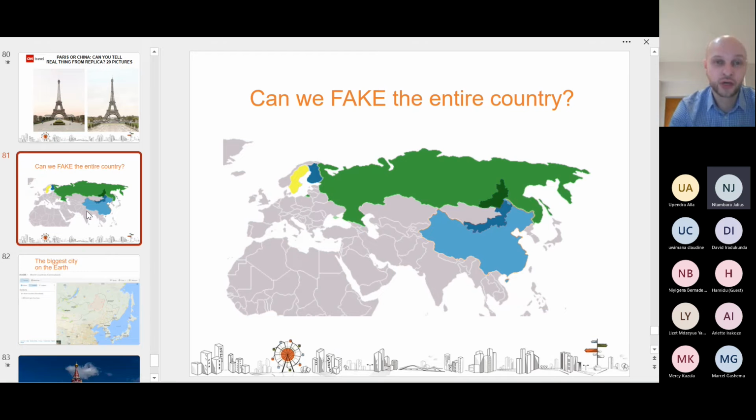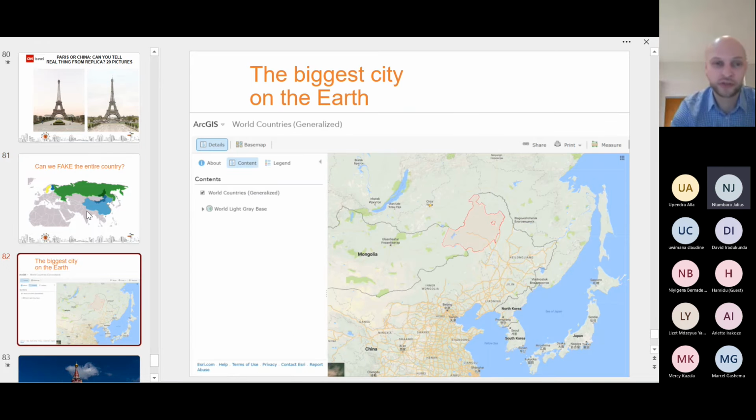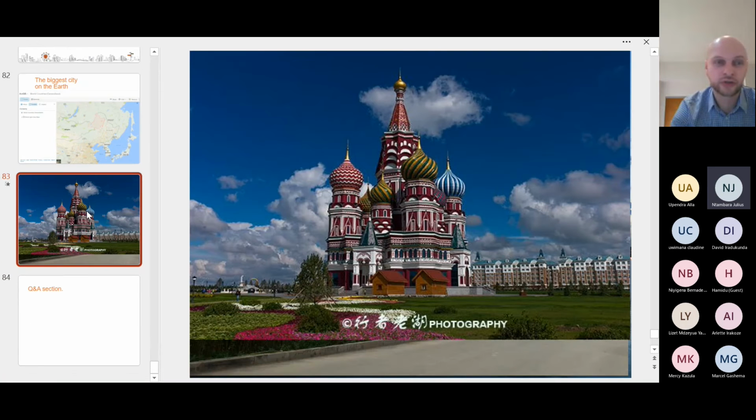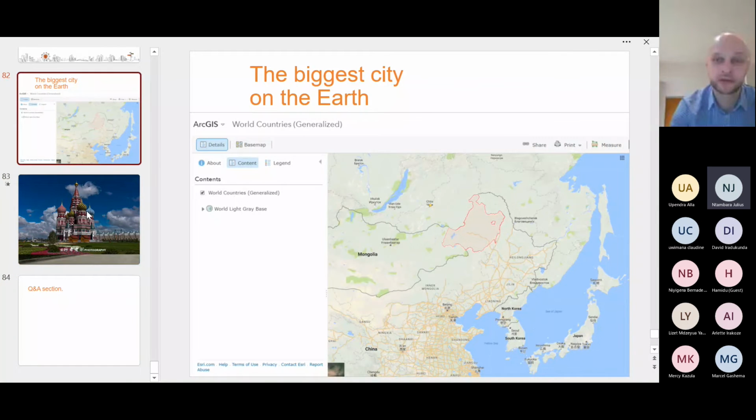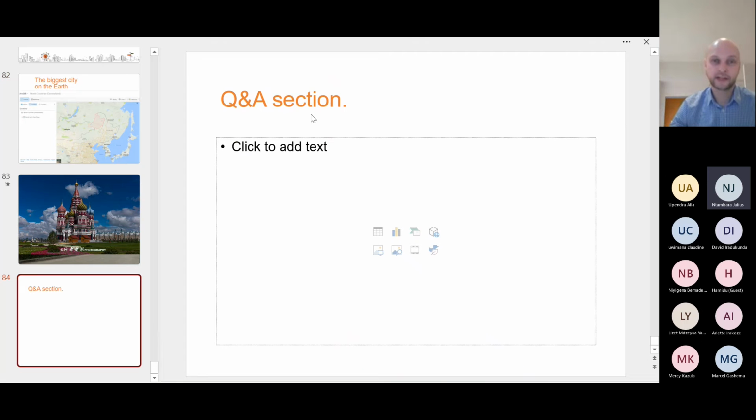And then we also discussed, can we fake the entire country? And the answer was positive. And I introduced the nesting doll park from Manzhouli, in the northern part of China, from Inner Mongolia. Now, finally, we can proceed to this section.